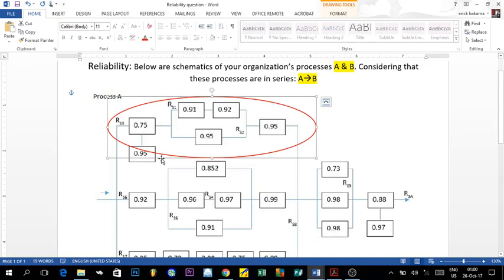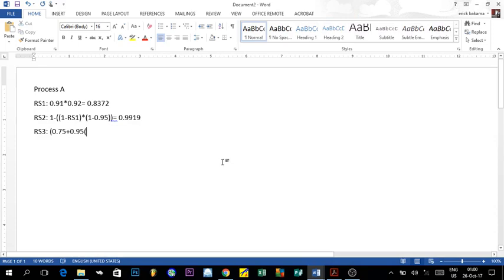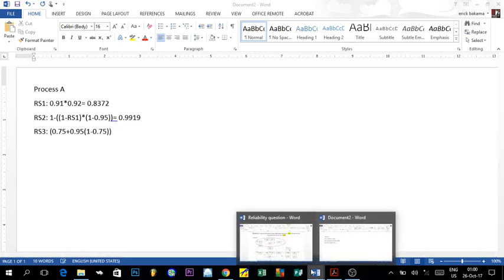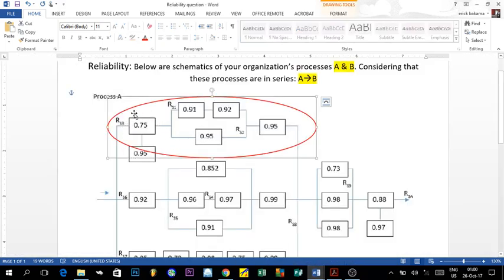In our case the first component is 0.75, so if its probability to work is 0.75, its probability to fail will be 1 minus 0.75. So here we have 1 minus 0.75, and then we have the first part here, and what you wrote is only this part.